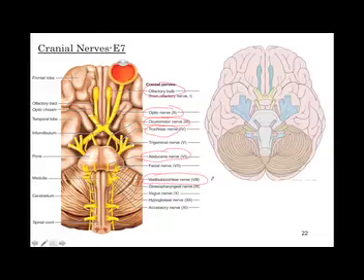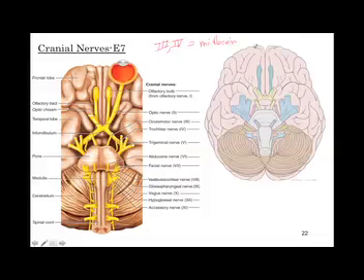Now, I do want you to know a couple other things, and it relates to some stuff from the brain regions. For example, cranial nerves 3 and 4 are associated with the midbrain. 3 and 4 are both nerves that are involved in moving the eyeball. And if you look at some of the functions of the midbrain, some of the functions of the midbrain have to do with visual processing and tracking of objects with your eyes and so on.